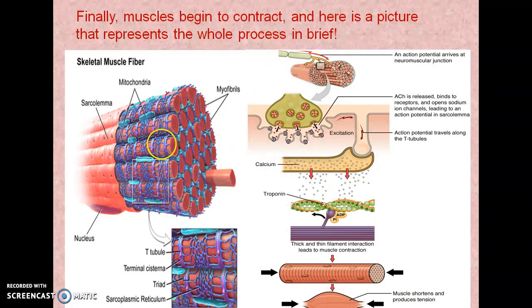So here is a summary of what I said. When a signal passes through the motor neuron, it will go to the muscle, and here we have a synaptic vesicle which contains acetylcholine inside it. When it gets an action potential, that is responsible for releasing the acetylcholine to be attached to a receptor here on the membrane of the muscle, which is the sarcolemma.